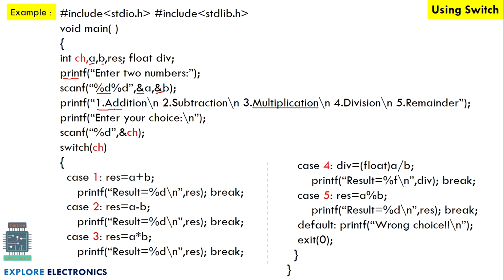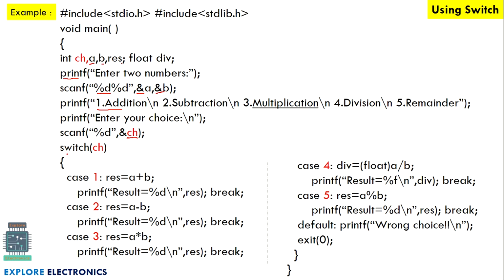After this it will display enter your choice. Now we are giving the user the choice to enter a number according to the operation that they wish to perform, and we need to read that input into a variable. We have declared int ch, that is the choice the user is going to enter, and we read the value into it using the scanf statement.